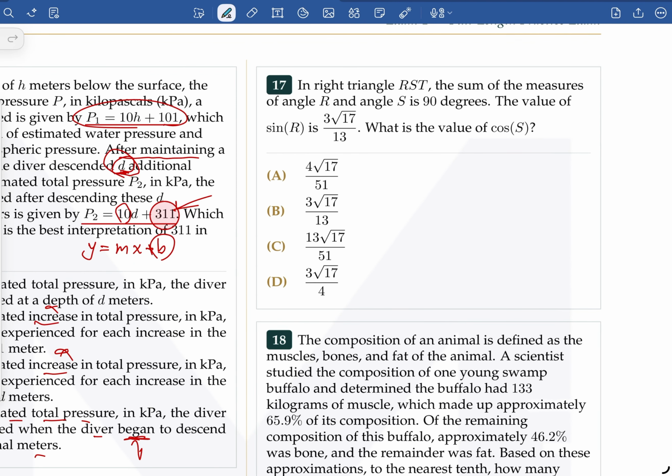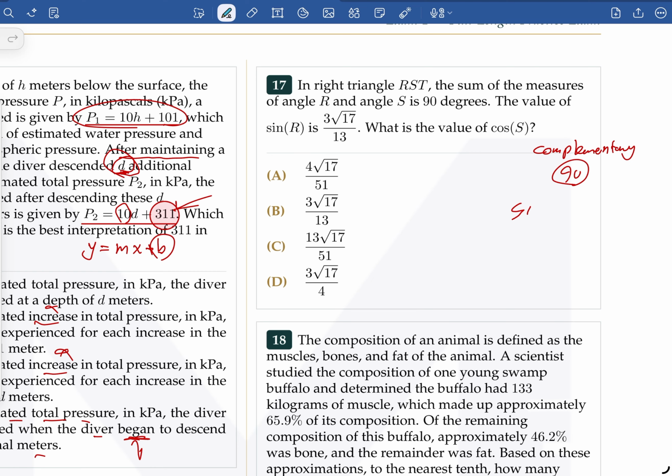In right triangle RST, the sum of the measures of angle R and angle S is 90 degrees. The value of sine R is this number. What is the value of cosine S? So remember that if you have two complementary angles, they have the total of 90 degrees.